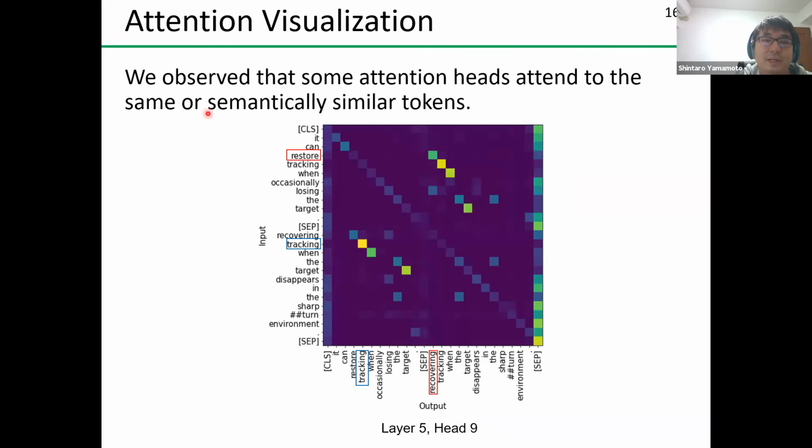We also visualize the attention pattern in the BERT model. We observed that some attention heads attend to the same or semantically similar tokens. For example, the word tracking attends to the same word tracking, or restore attends to the similar token recovery.